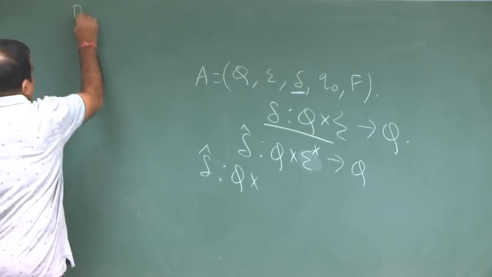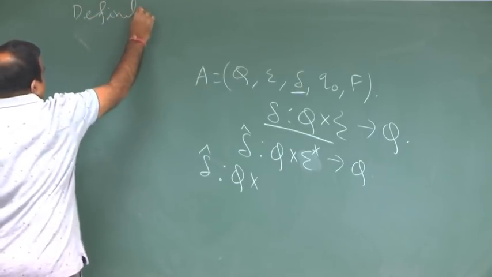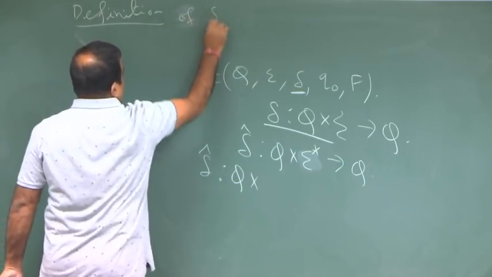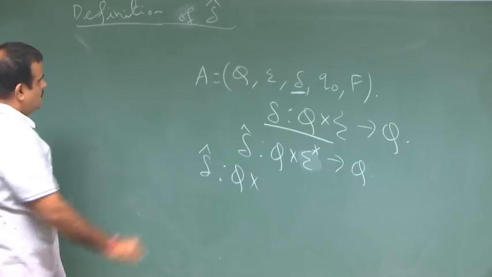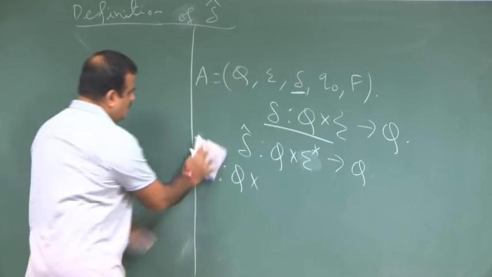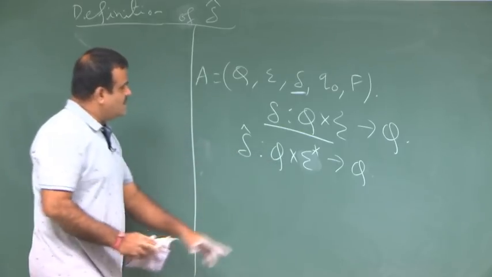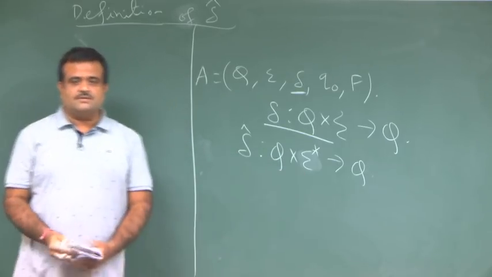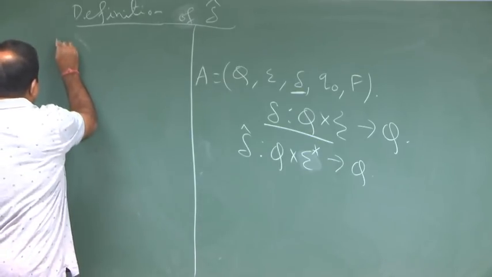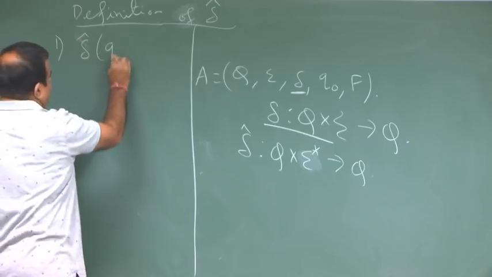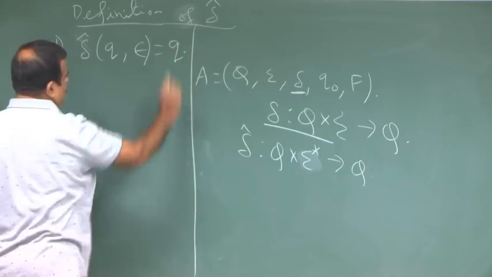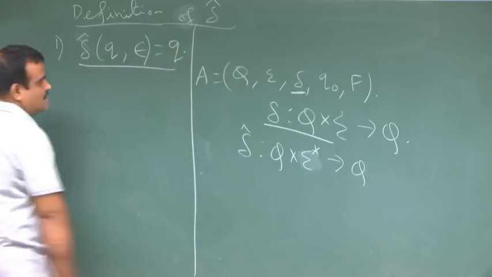Okay. So, this is the definition of delta hat. First of all, this takes input from sigma star, and sigma star includes the null string also. So, that is defined first. This is the base case. If we are at q and we take epsilon, we will remain at q.